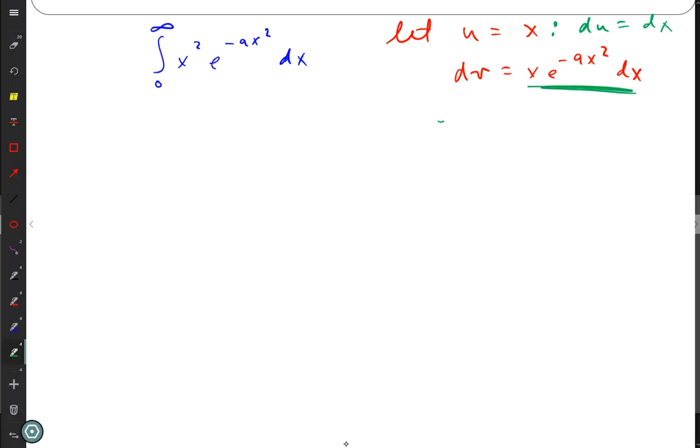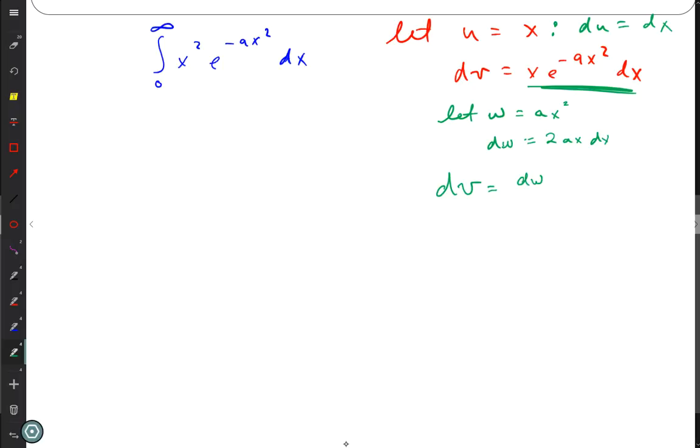So I'm going to say, let w equal ax squared. So dw is equal to 2ax dx. And so that gives me my dv is equal to, notice x dx is equal to dw over 2a.